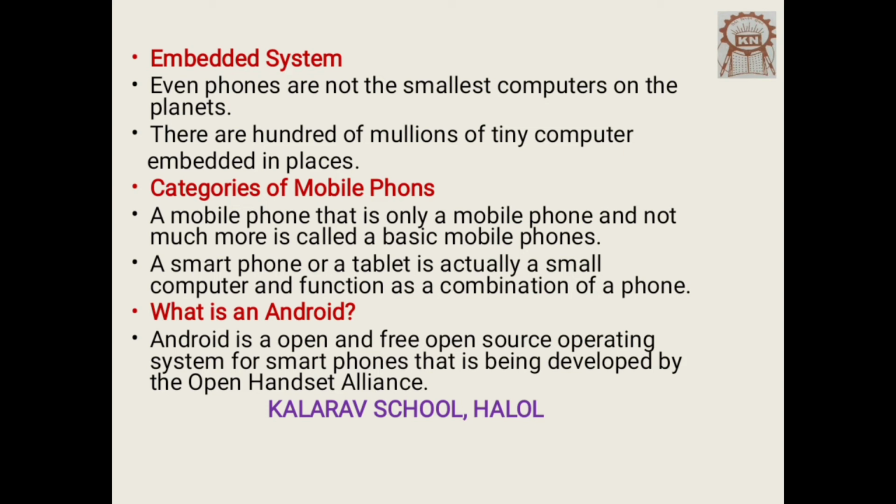A smartphone or a tablet is actually a small computer and functions as a combination of a phone, a personal digital assistant providing secretary-like functions with scheduling, memos and notes, to-do lists, meeting reminders, access to office documents, messaging services, or instant email notification, etc., and a portable entertainment hub. However, with improvement in technology.